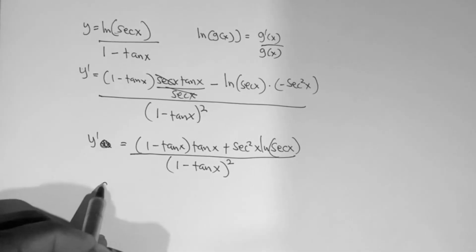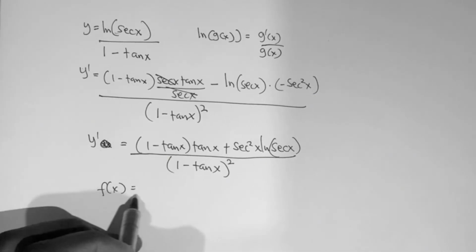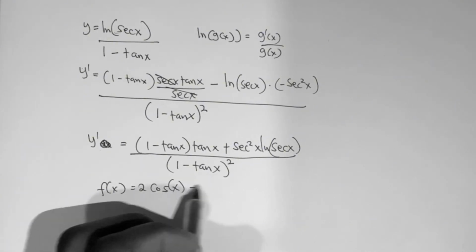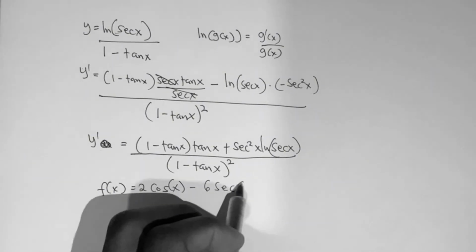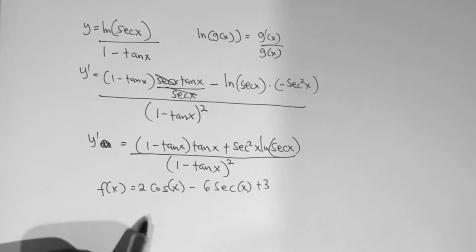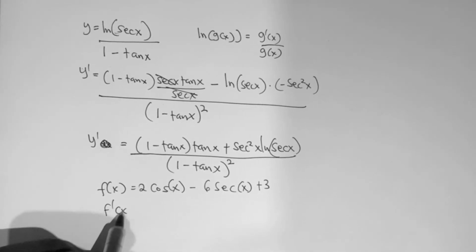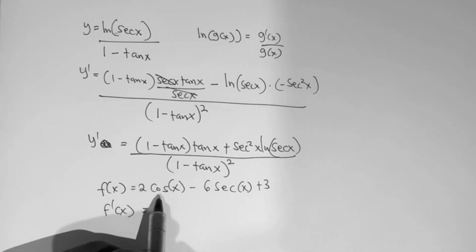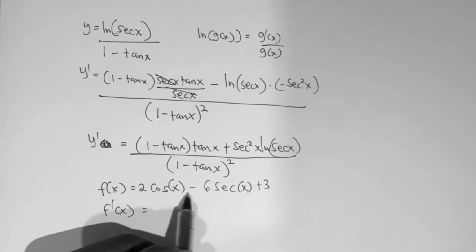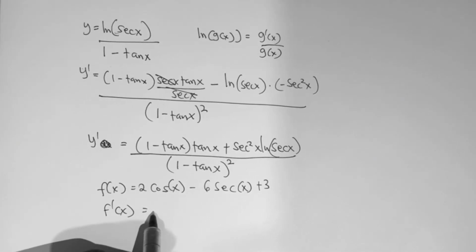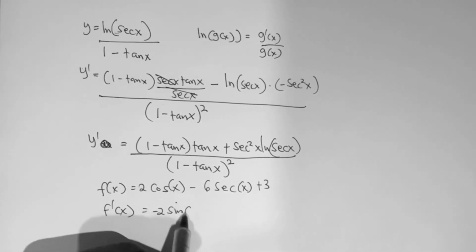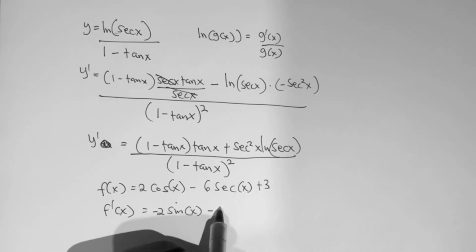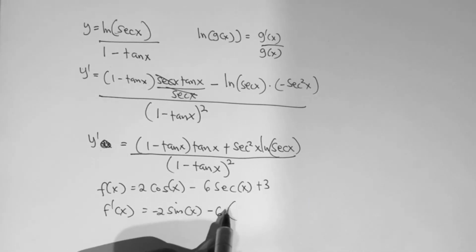So now if f of x is equal to 2 cos x minus 6 sec x plus 3, what is f prime of x? It's equal to, so we need to differentiate cos x. If you differentiate cos x, you get minus sine x, so it becomes minus 2 sine x, then minus 6, let's differentiate sec x.